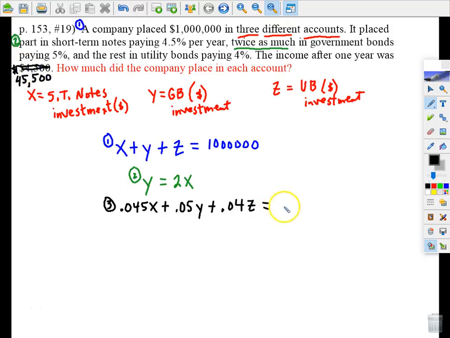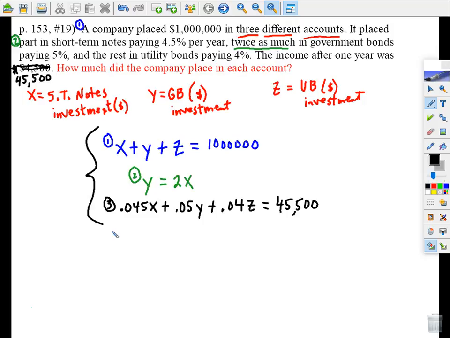It hasn't affected us so far. So hopefully you see that the percentages represent the return on my investments, how much I'm going to get back. And adding all those up, I should get 45,500.